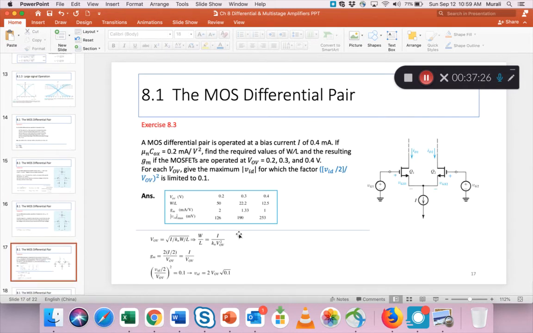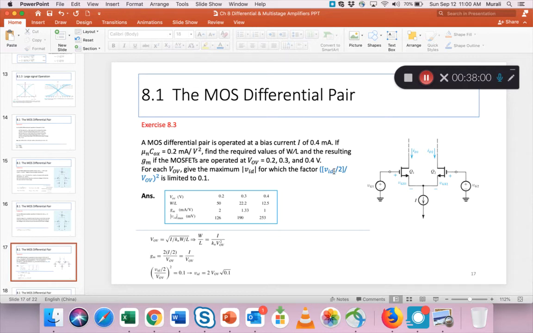So the exercise says, if I give you the value of I, the bias current, I also give you the overdrive voltages, and I'm asking you to find the W by L and the GM, but also for each of these VOVs, give the maximum value of VID such that this factor is limited to 0.1.